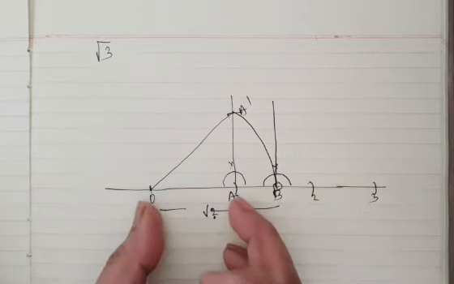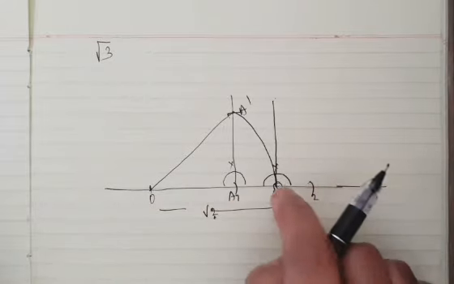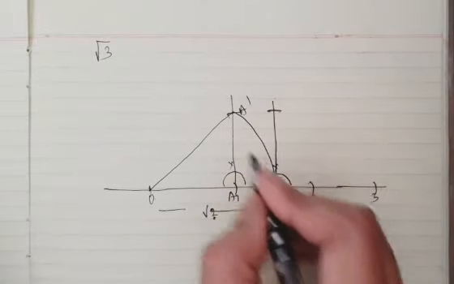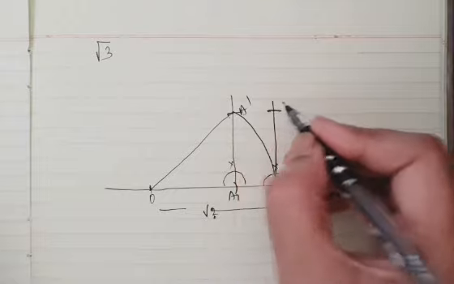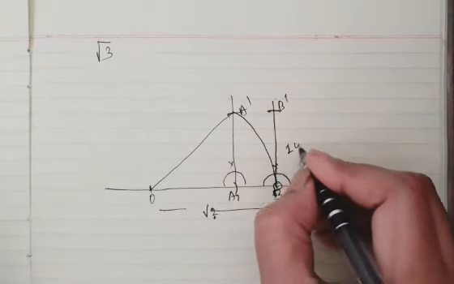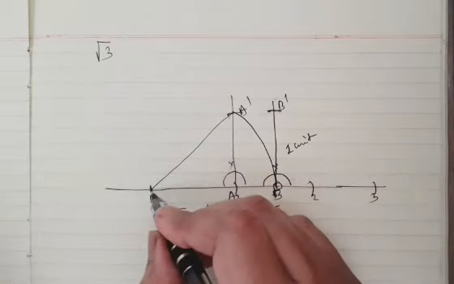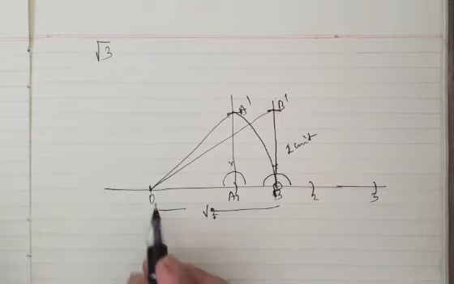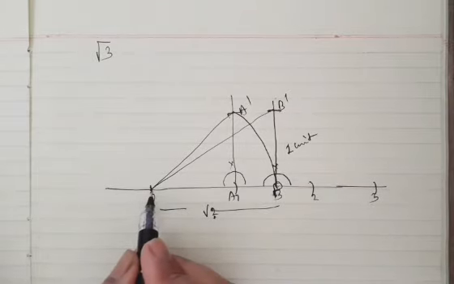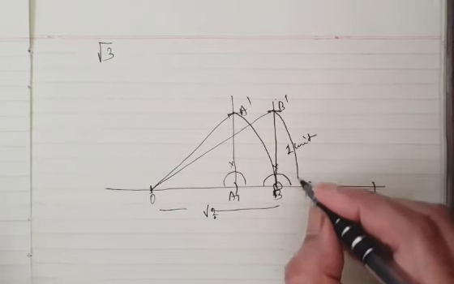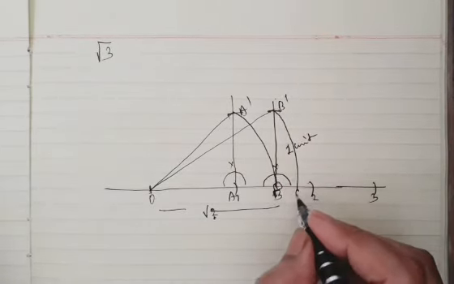Measure this OA with the help of the compass. Then, taking B as center, you cut an arc like this. So this is B dash, and BB dash is of 1 unit length. Then you join O to B dash. After that, taking O as center and radius OB dash, you cut an arc like this. Suppose this is your point C.